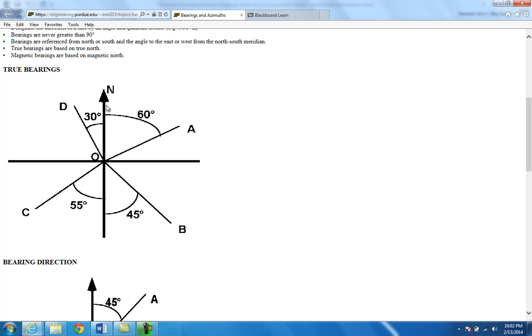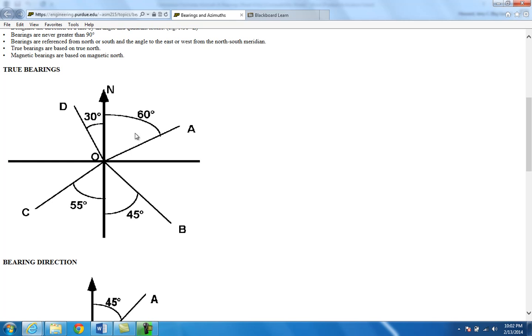Up here in the northwest quadrant, you're going north to west. You're coming over from north 0 to 30 degrees, and you're standing here looking straight up through here, or shooting a survey, and that would be north 30 degrees west.